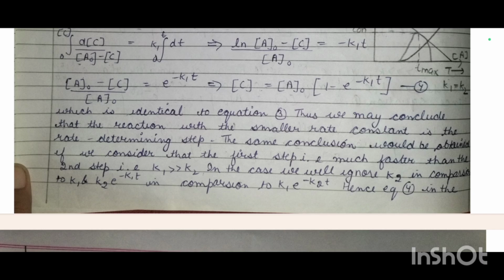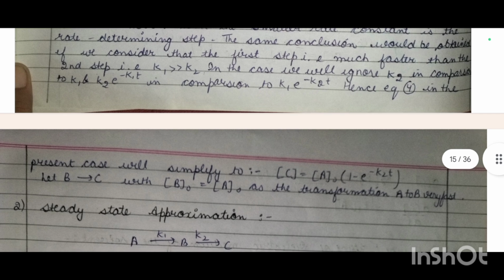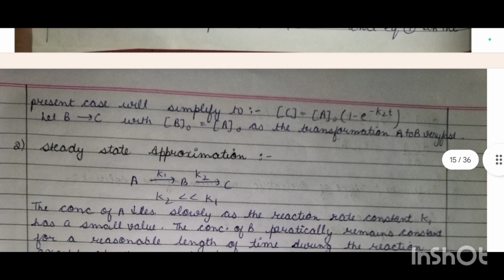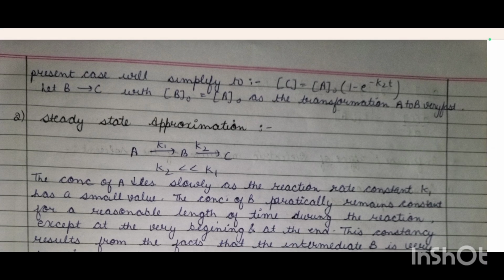In case we ignore K1 as compared to K2, and K1 e to the power minus K2t in comparison to K2 e to the power minus K1t, the equation in the present case will be simplified to the concentration of C is equal to A naught multiplied by 1 minus e to the power minus K2t. Hence, A changes into B and B changes into C, with B naught equal to A naught, as the transformation of A to B is very fast.